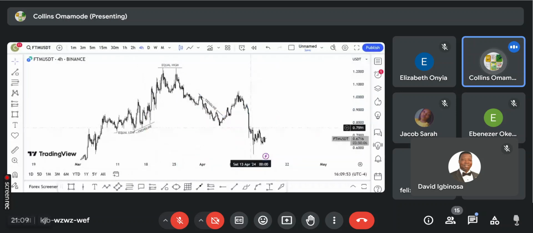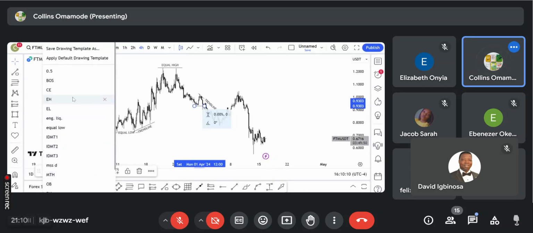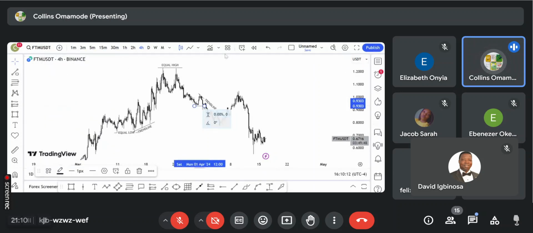There was trend line liquidity. Do you notice the way price came and took all of them out, and also took out this structural liquidity, because there was a break of structure here.